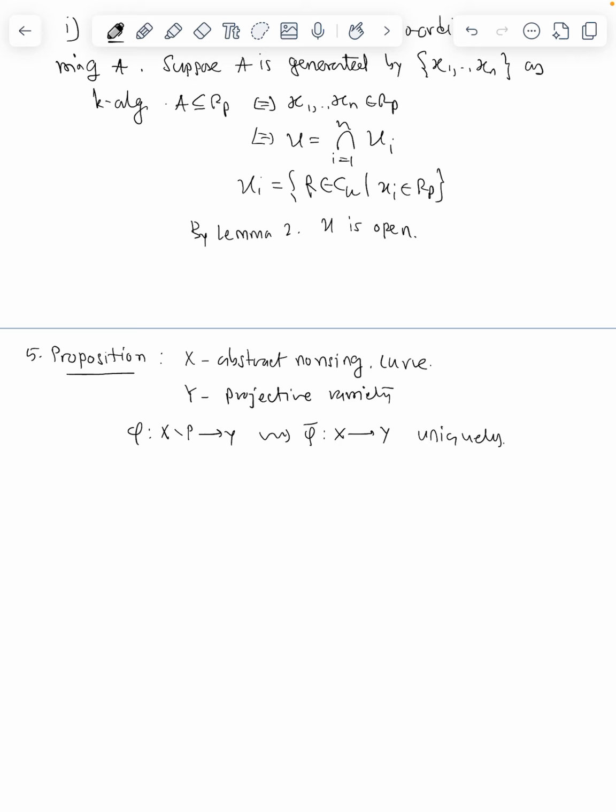That's it. Because the complement is finite, you can apply this proposition finitely many times to get that.